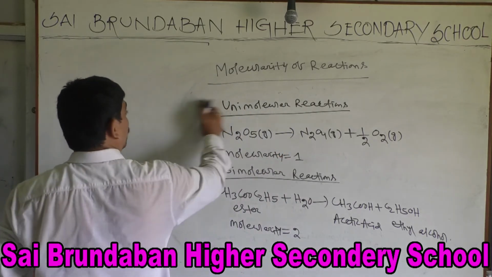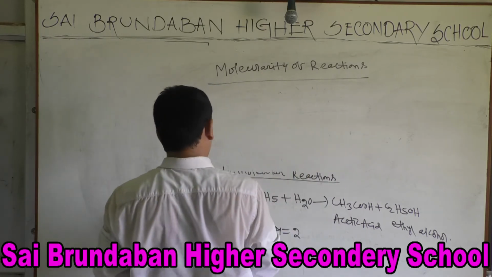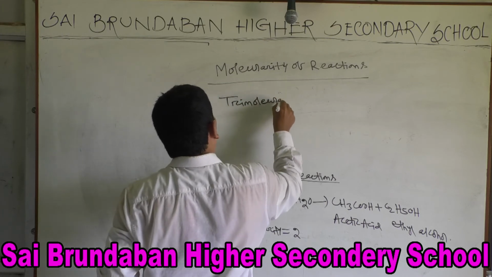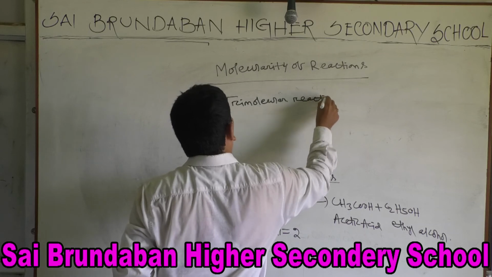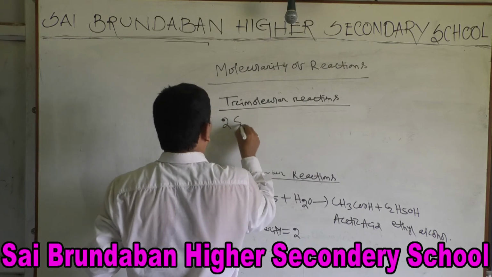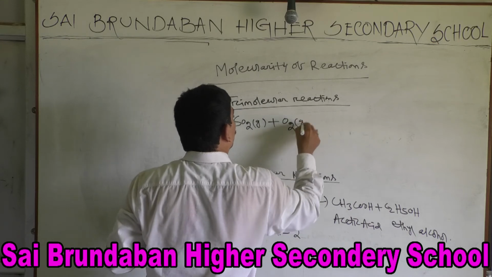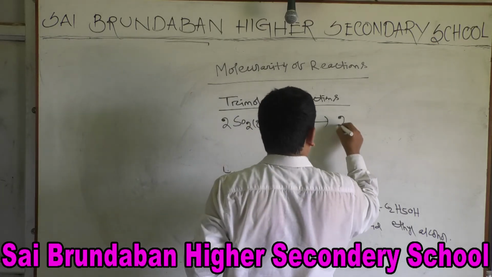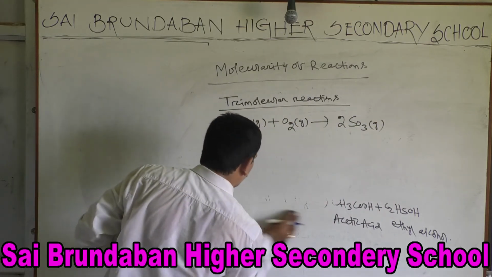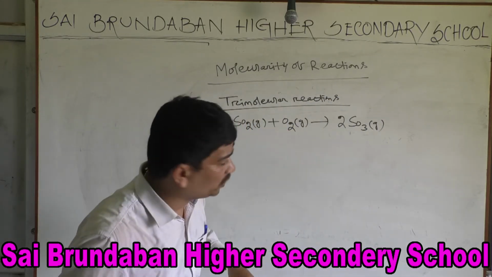Then trimolecular. Another example, trimolecular reaction: SO2 gas plus O2 gas gives SO3 gas. 2SO2 gas plus O2 gas gives 2SO3 gas.